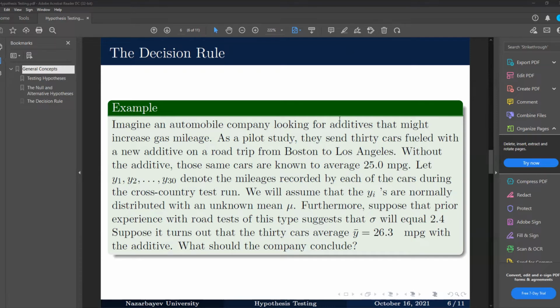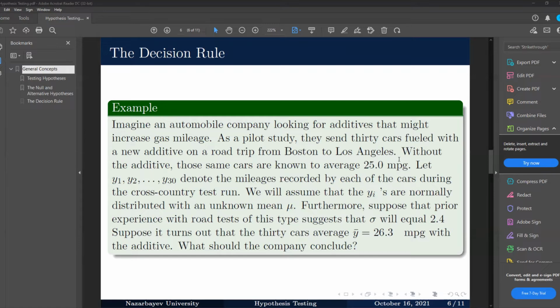So the company is looking for some chemicals to add to their fuels that will probably increase gas mileage. As a pilot study, they sent 30 cars fueled with a new additive on a road trip from Boston to Los Angeles. Without the additive, those same cars are known to average 25 miles per gallon.